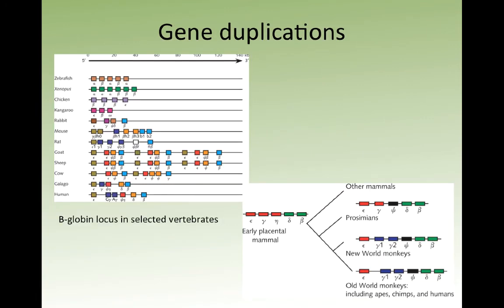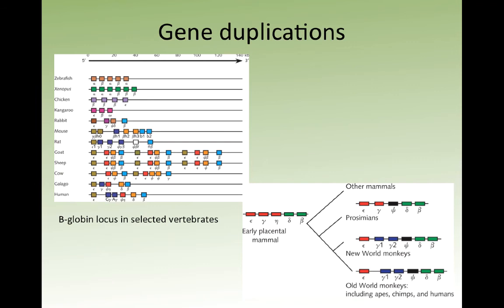Even if we just look at beta globin at the locus in selected vertebrates, what we can see is that ancestrally, if we look back before placentals, there are only a few types of globin genes. Specifically, if we look at zebrafish and Xenopus, we see that there's only alpha and beta globins back in these kinds of organisms.